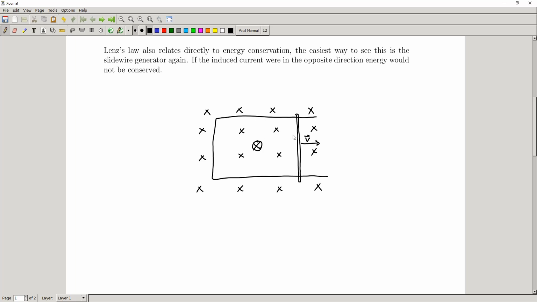And so we can see that there's going to be an EMF pointing in this direction, and it's going to end up giving us a current pointing in these directions, right? And think about that for a second. Why does it point in that direction? Well, because we have an increasing magnetic flux downward into the page, and so this current tries to produce an increasing magnetic flux upward out of the page to try to counterbalance this, right?